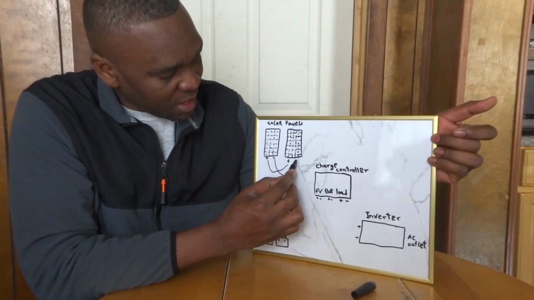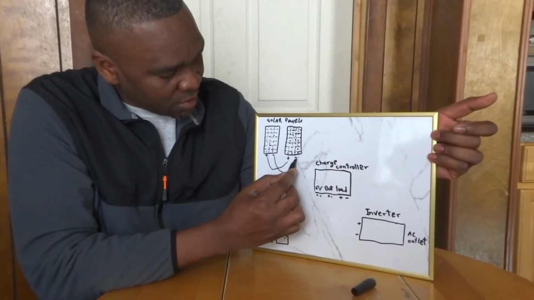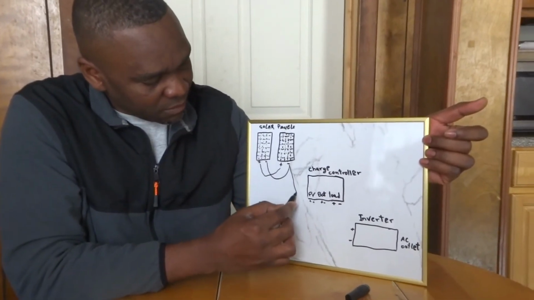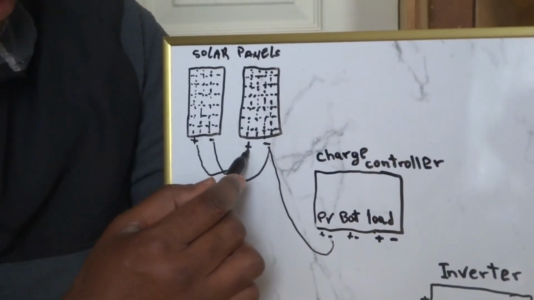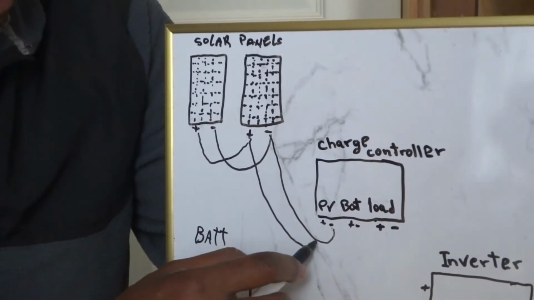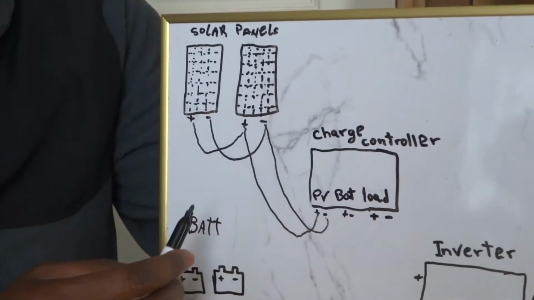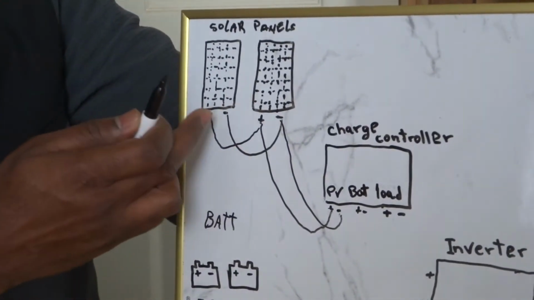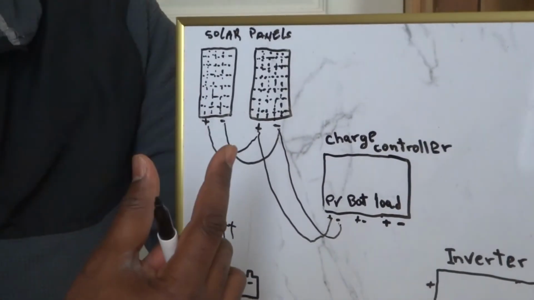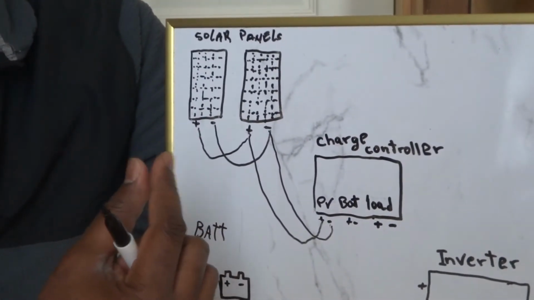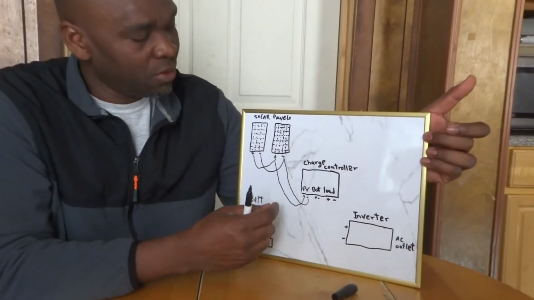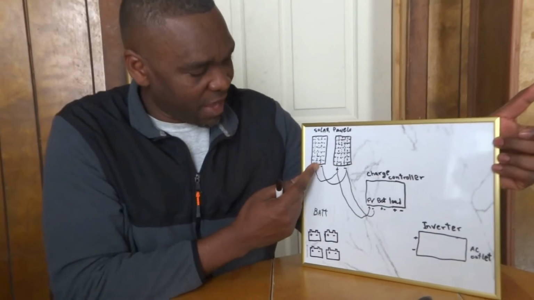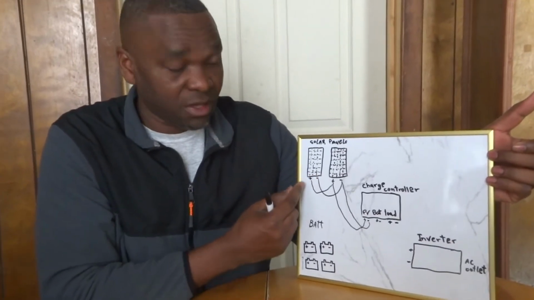And then now you're going to have one negative going to the negative of the charge controller and one positive going to the positive of the charge controller. If it's not through a Y branch parallel cable, it doesn't matter which side you use, but you use one negative and one positive.